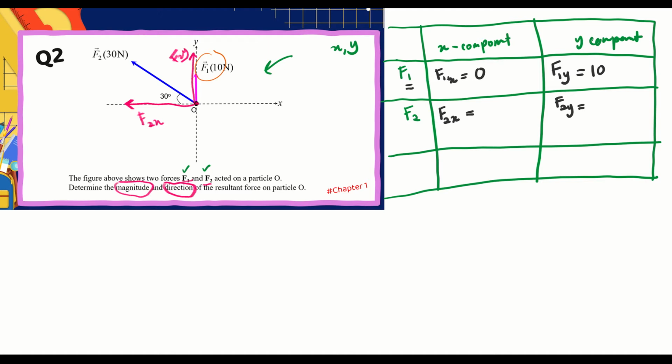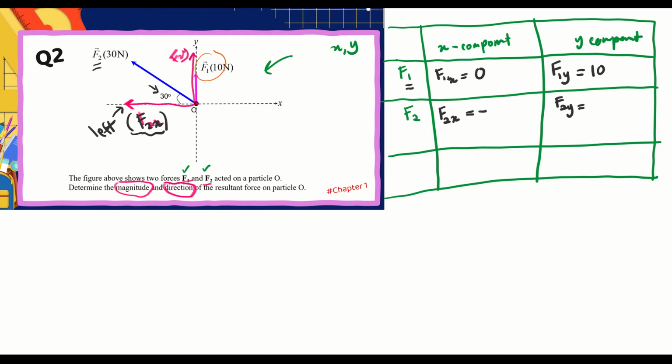So we have F2x here, so we have F2 and we have angle. We need to generate the equation for F2x, class. And one thing that you have to always remember, the direction needs to be considered. The direction of F2x here is to the left, meaning your F2x is going to be negative.